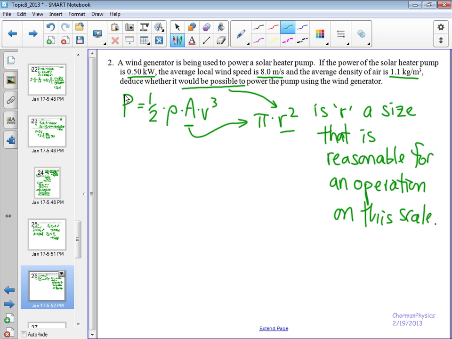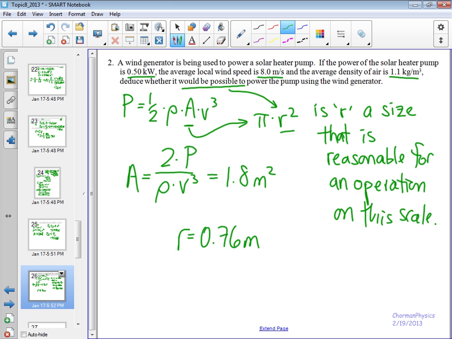So, in a residential situation, you're going to have a small turbine, right? And the turbine size could be, you have a radius anywhere from 1/2 meter to a couple meters, all right? So when we solve for the size of this thing, okay, after a little bit of algebra, the area that the blades sweep out is going to be this, okay? So it's 1.8 meters squared, and once you solve for r, it's equal to 0.76 meters, and this is absolutely feasible, okay?